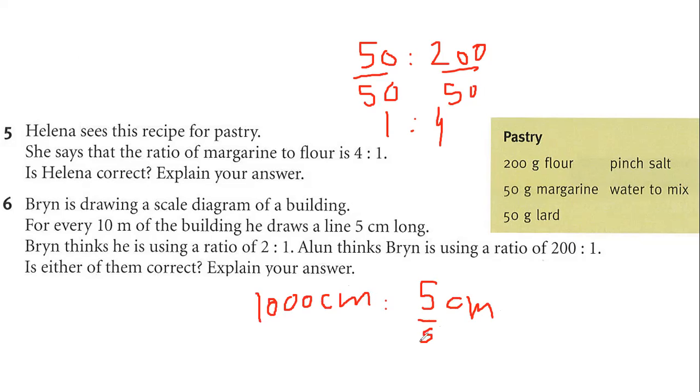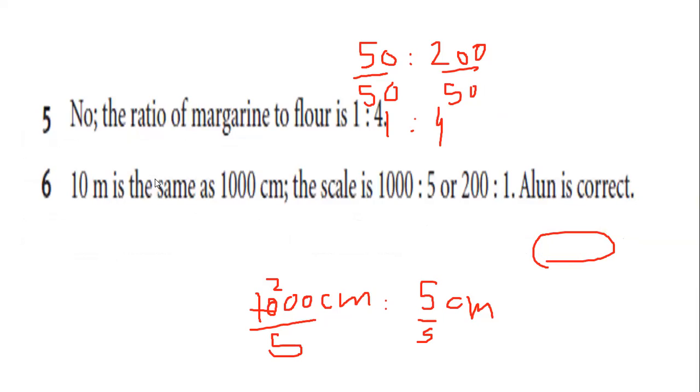So what number do I get here? 5 here and 5 here. So my answer is 5 multiplied by 2, 10. So here is 200 and here is 1. So this equation is right. So are both of them right? Yes, both of them are right. 10 meters is the same as 1000 centimeters. So the scale of 1000 by 5 is equal to 200 by 1. So Ellen is correct.